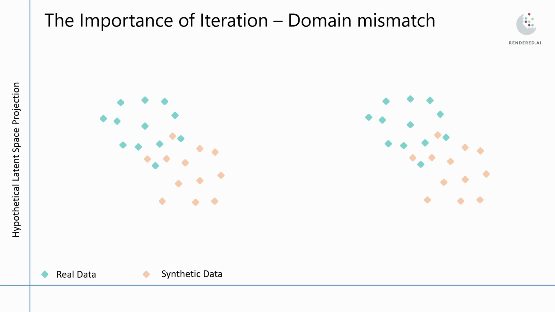And what you'd find is that if you had a real data set and a synthetic data set, you'd see groupings like this. So when you first start, for instance, you might see a small overlap between the real data and the synthetic data. And if you naively trained on the synthetic data, you wouldn't get very good performance. There are some examples of the real data where you might see good performance, but there's a big chunk here that wouldn't be covered by your data set.